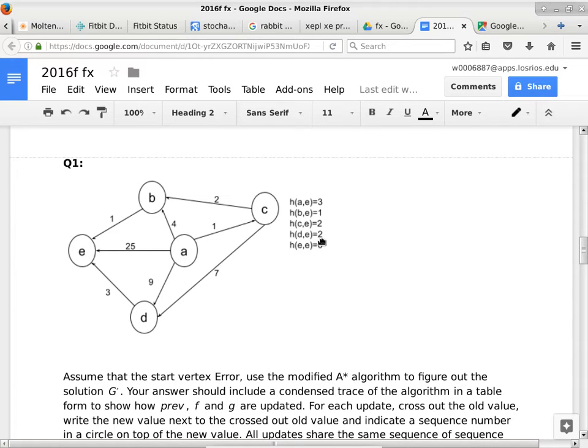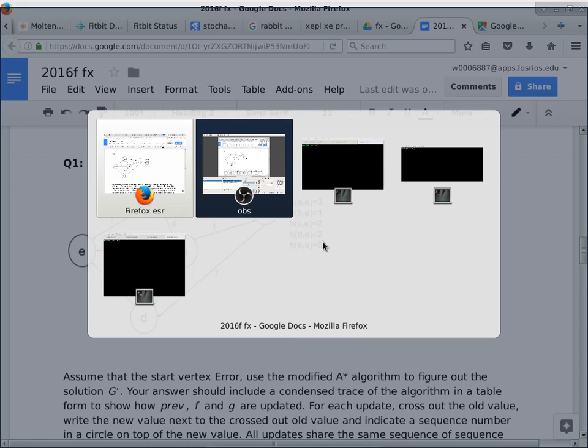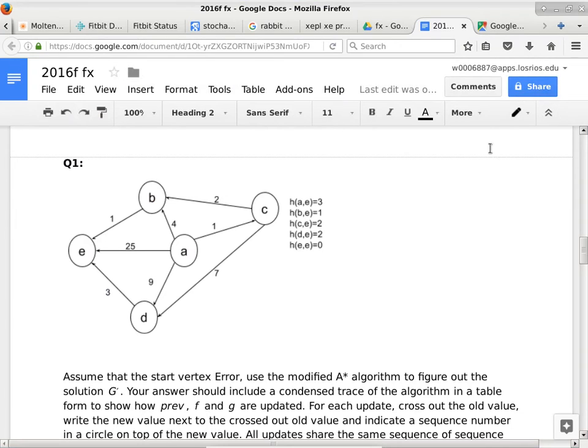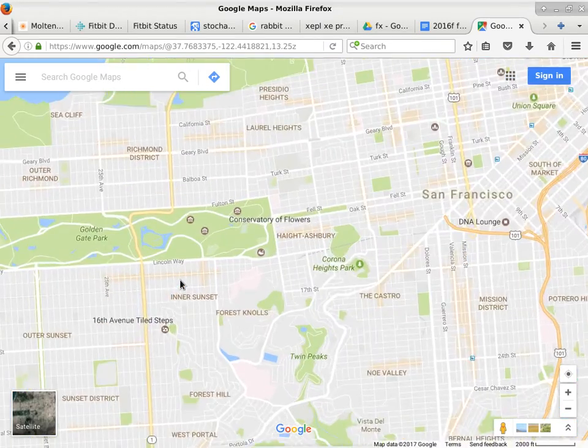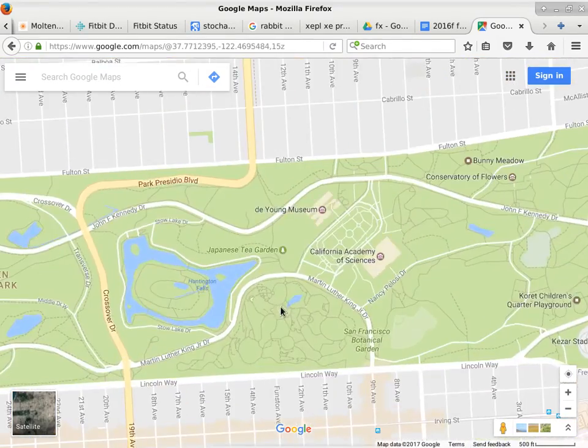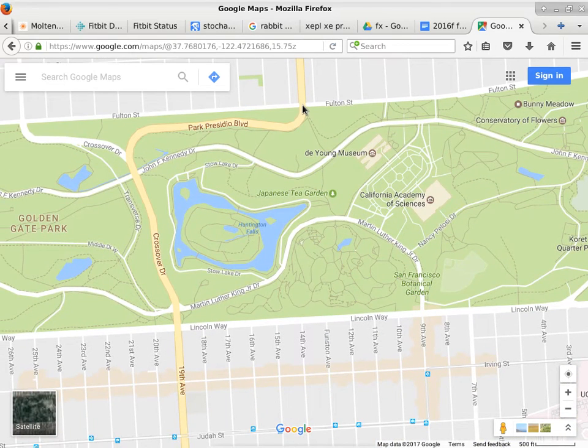Okay, so if you want to look at the map again, let me pick a particular place where that makes sense. Okay, so let's take a look at this intersection versus this intersection here. The actual distance is going to be this much, but the heuristic is just an underestimate, which is the straight line distance.